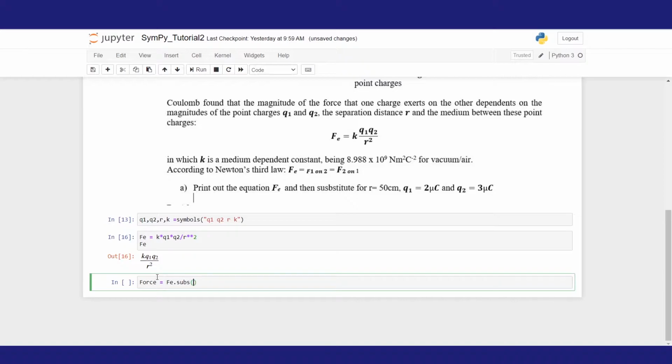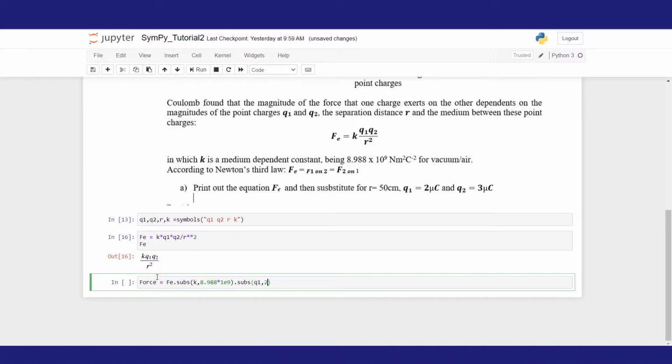I'm going to say k, and this is substituted with 8.988 times 10 exponent 9. All right, and so we further go ahead to substitute for q1, substituted with 2 microcoulombs.